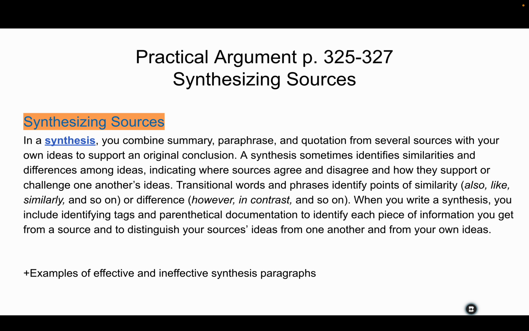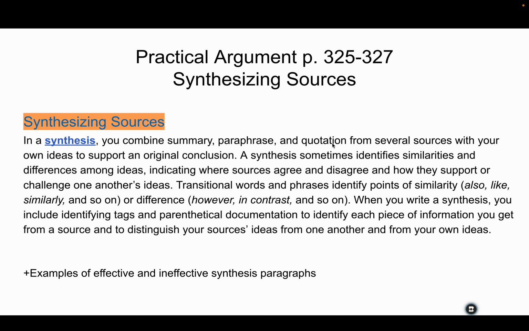I want to remind you as well that the textbook has a reading on synthesis that has been assigned, and that will really help cement your understanding of what it means to synthesize. So in a synthesis, we combine summary, paraphrase, and quotations from several sources with our own ideas to support an original conclusion. So a couple important things here is that sometimes it's sort of a discussion of how sources are working together.